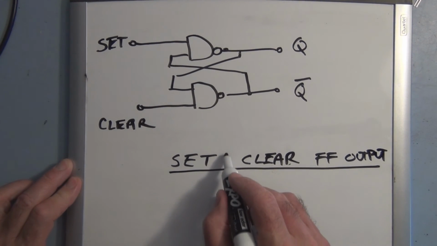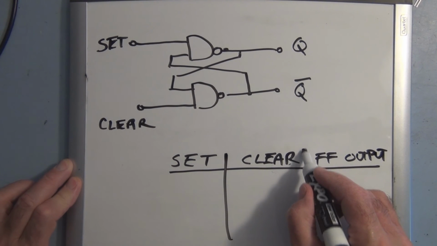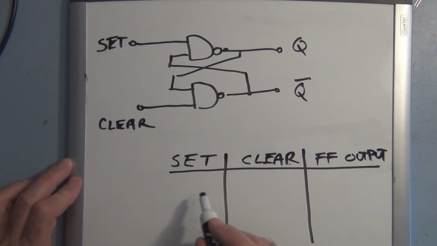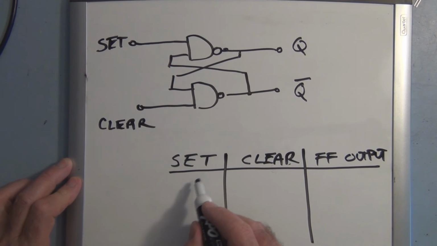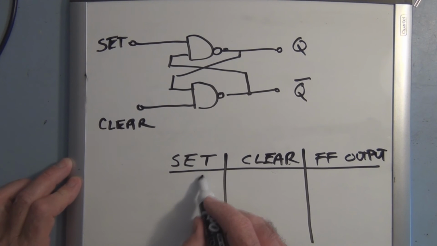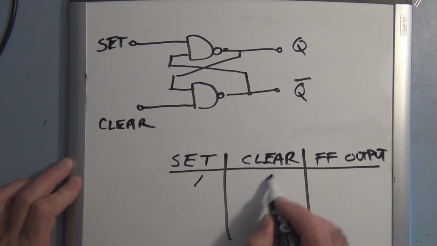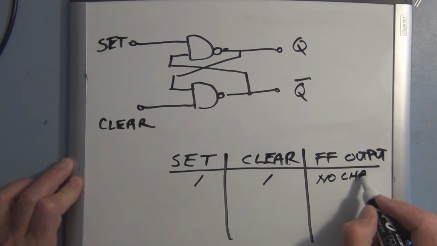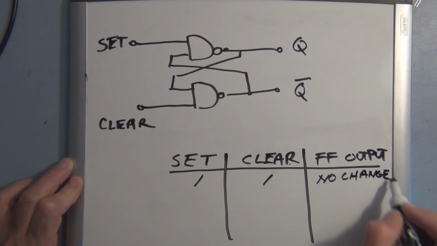Now in this case, the NOR gate flip-flop responded to high inputs, and the NAND gate actually responds to low inputs on the set and the clear. And also a difference is the one on the set and the one on the clear is the no change state.